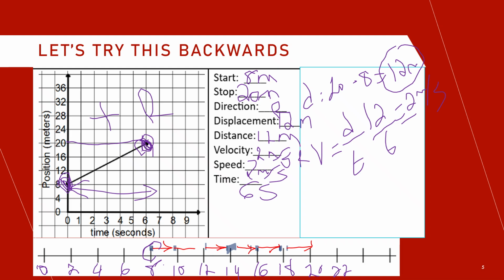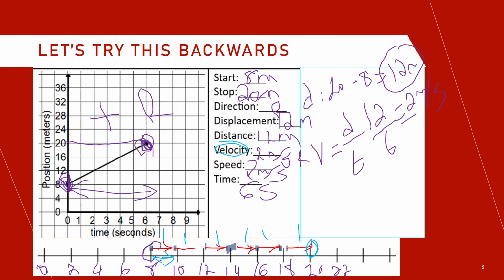My ending point is 20. The time is 6 seconds. That's 1, 2, 3, 4, 5, 6. The size of these is 2 meters every second. All right, this is for working on this backwards.